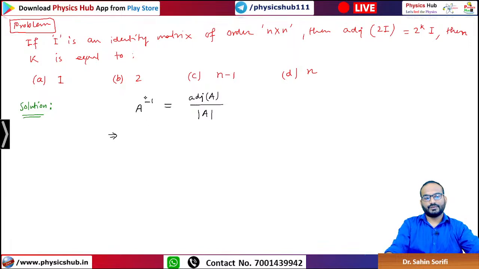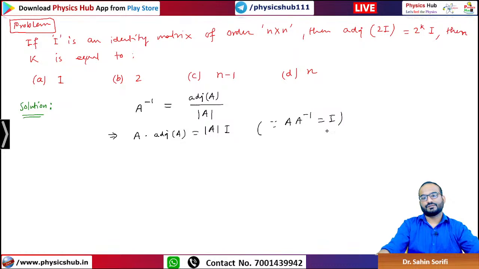So if we multiply with matrix A, what you are going to have? A times A inverse will be identity, right? So A times A inverse equals identity. Using this property you can write it.